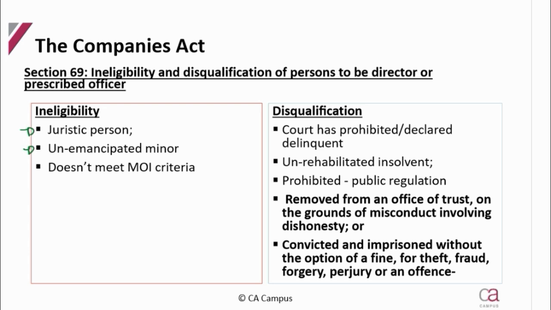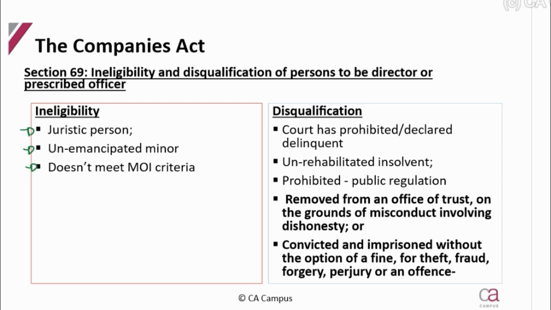His parents are still in control of him. Or there was a criteria in the Memorandum of Incorporation that said these people cannot be directors if they don't have these kind of criteria, and this person doesn't have that, he's ineligible. As soon as somebody is ineligible and they're elected, they need to be removed because they are ineligible.